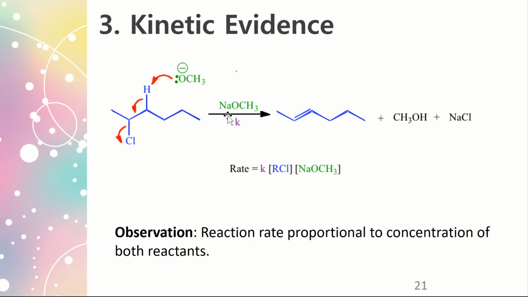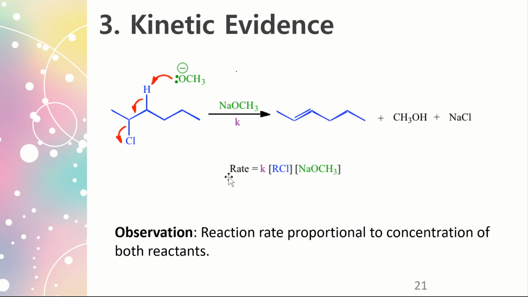So here we have a very strong base in the form of the methoxide ion, or sodium methoxide, right? And it can abstract a proton, which will then form the double bond and then kick out the halide, right? So we have the chloride being eliminated.